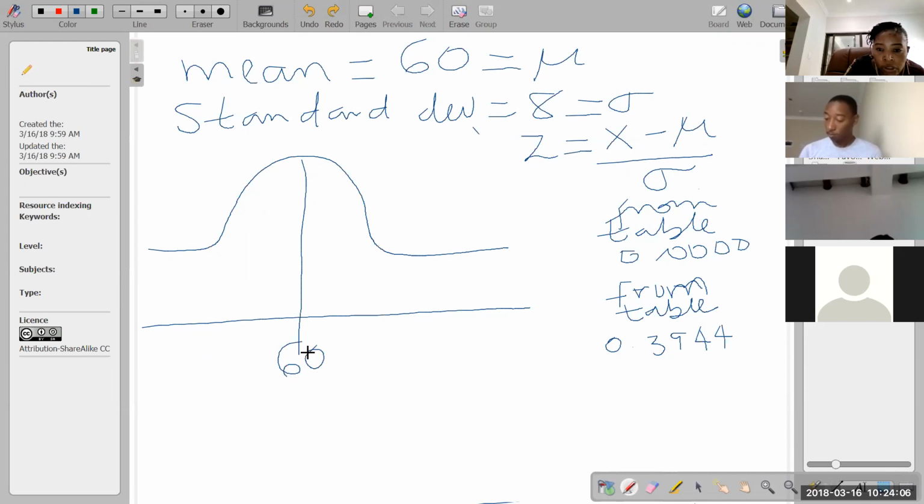Our 70 should be somewhere here. This shaded area is what we're looking for.